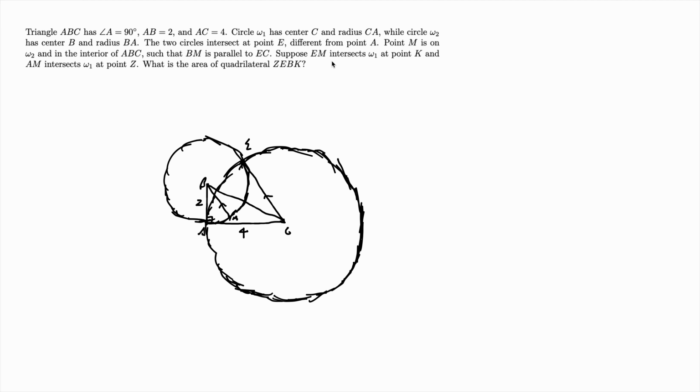Suppose EM intersects omega sub 1 at point K. So we're going to draw EM like this.